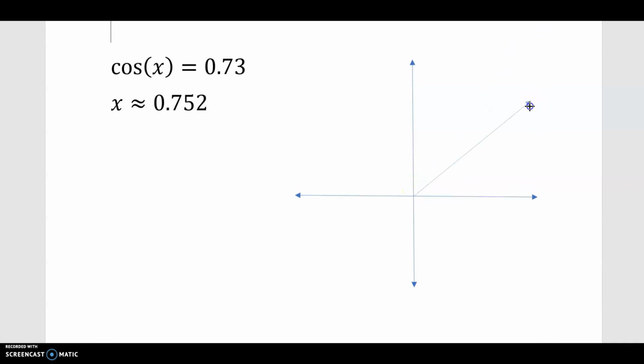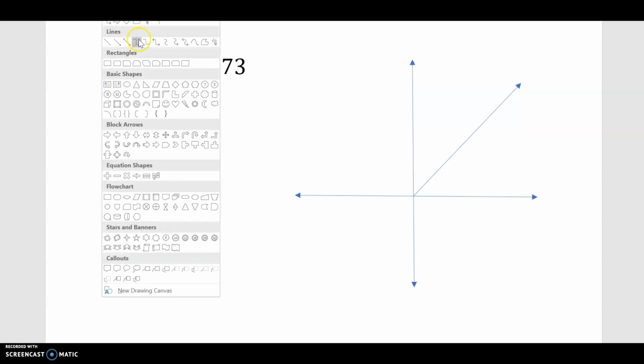And we know cosine is positive in the first quadrant. So 0.752 is probably halfway between, because pi over 2 is about 1.57, so 0.75 is about halfway through.